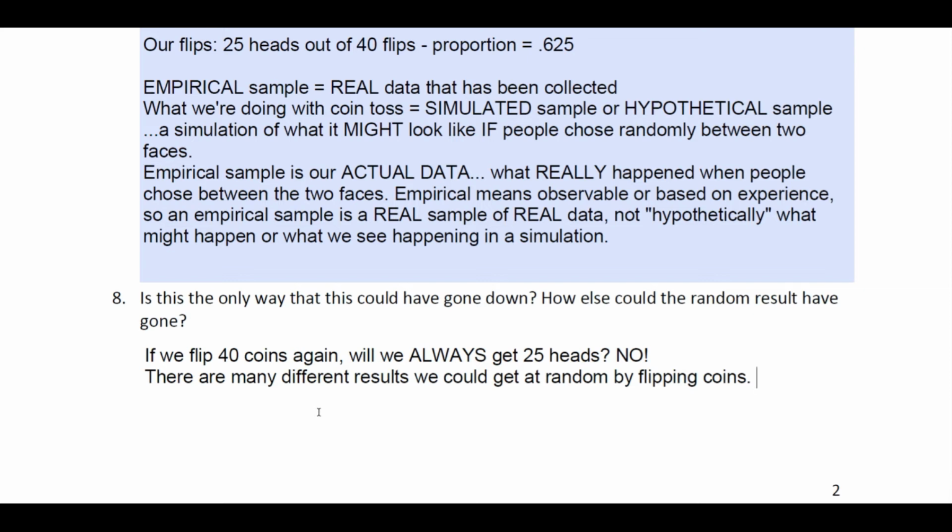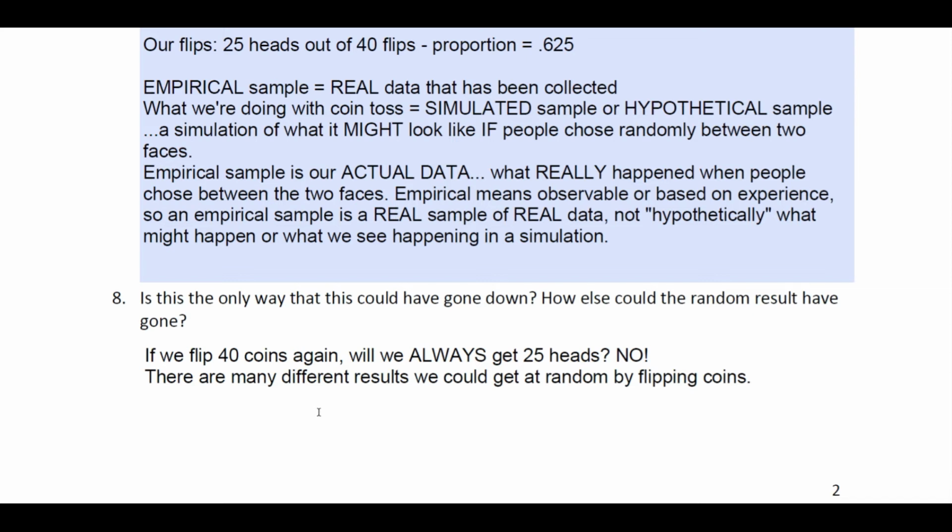But is it possible that if we flipped 40 coins, all of them would come up heads? Yeah, it's possible. It would be super, super weird, right? We'd be like, oh my gosh, what are the chances of that happening? Not very high. But it is possible that we could get 40 heads or 40 tails. Of course, probably most of the time it's going to be closer to 20 and 20, closer to that 50-50.